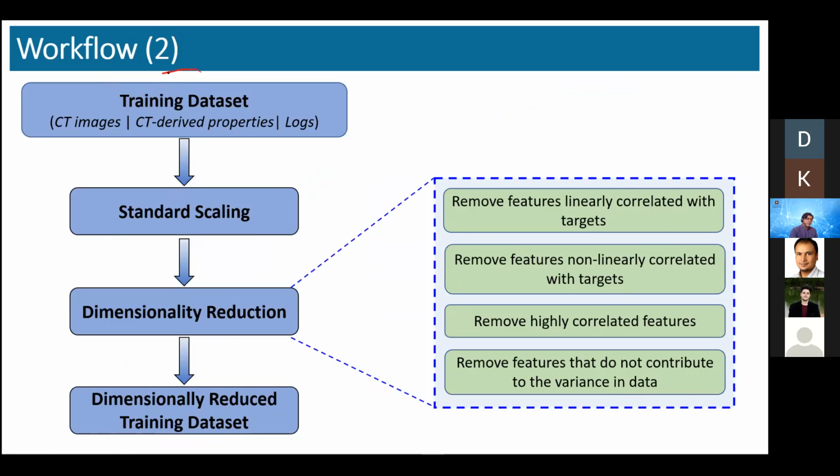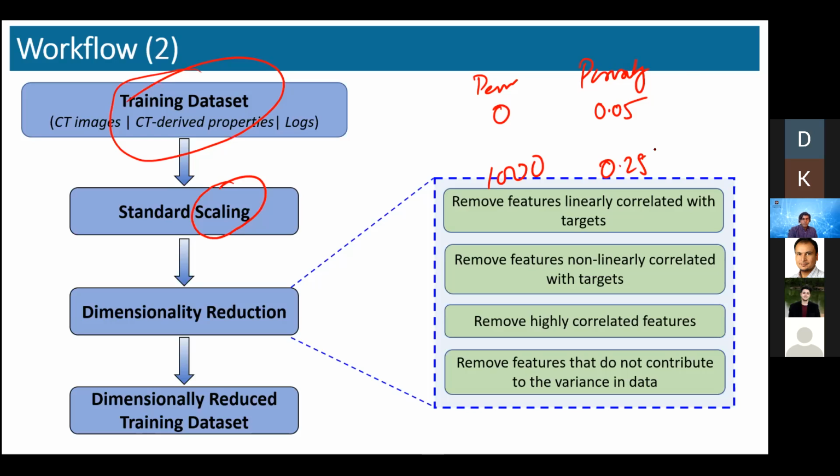Once you have multiple train test splits, your training data set is ready. On this training data set, you will have to perform scaling. What is scaling? Let's say there is permeability that goes from 0 to 1000. There is porosity that goes from 0.05 to 0.25. And there is, let's say, some other property, let me call it saturation.